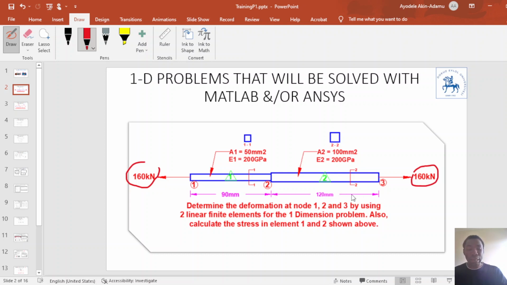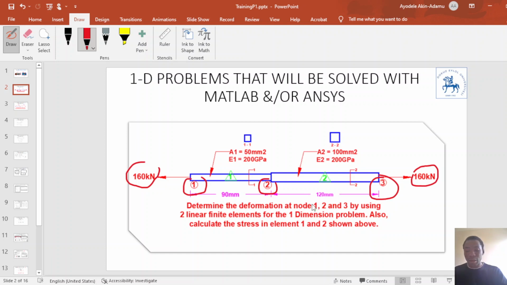So it is required that the axial deformation at node 1, node 2, and node 3 be calculated using two linear finite elements, and also the stress in each element, element 1 and 2, be found.